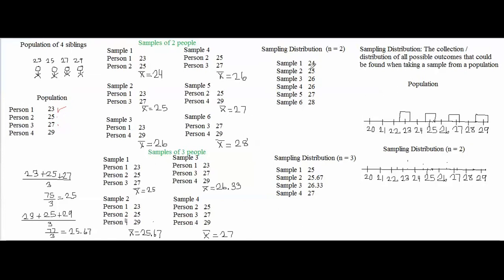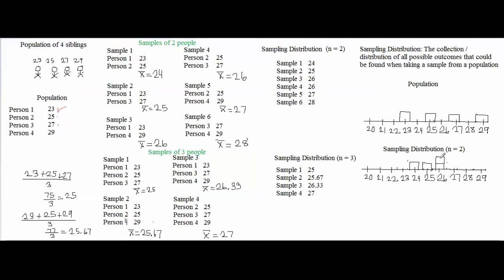In this list right here of n equals 2, sample 1 had a mean of 24. So that sample goes there. Sample 2 had a mean of 25, so we put a box there. Sample 3 had a mean of 26, which is right here. And also, sample 4 also had a mean of 26. So we'll stack a second box above 26.